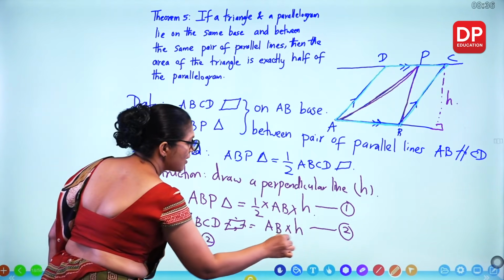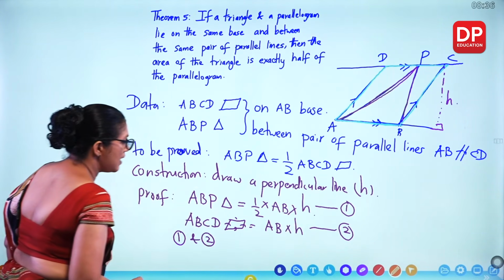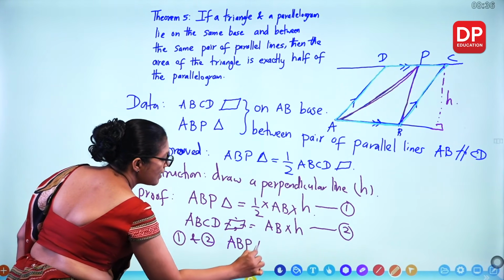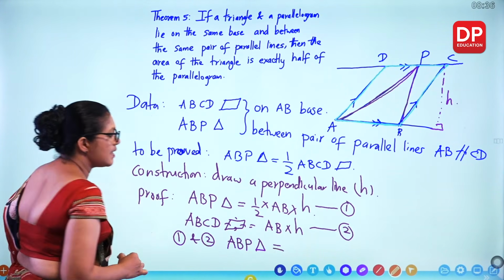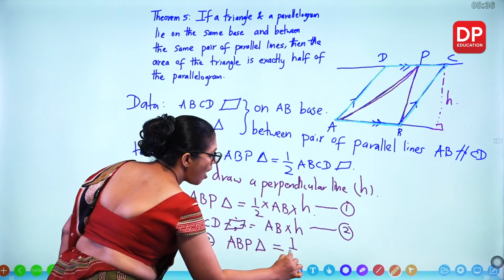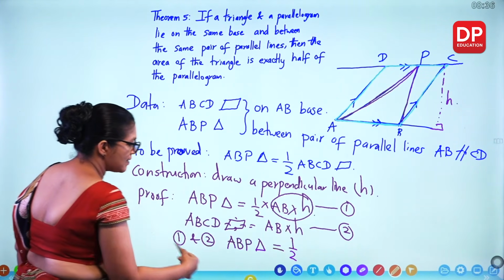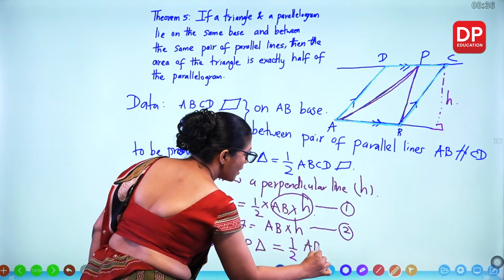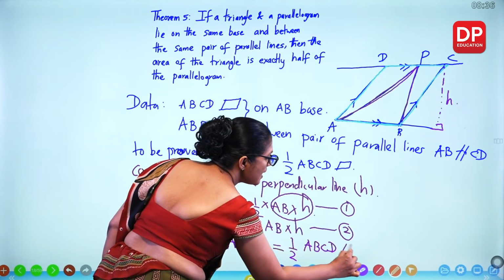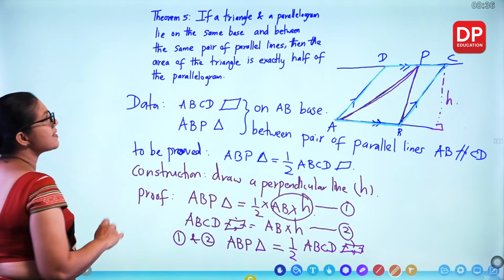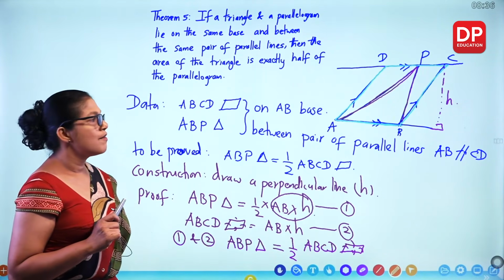So I can plug this part here and write down ABP triangle area is equal to half of ABCD parallelogram. So that's the theorem number 5.